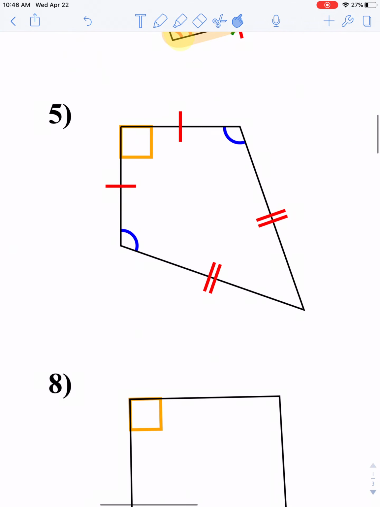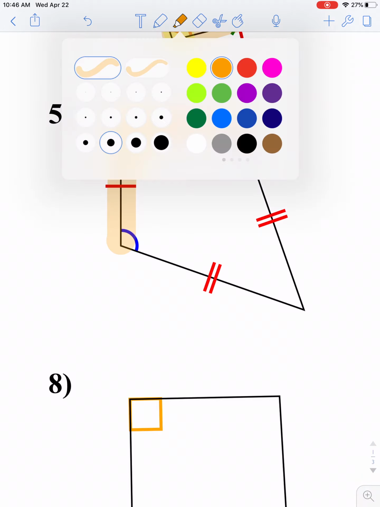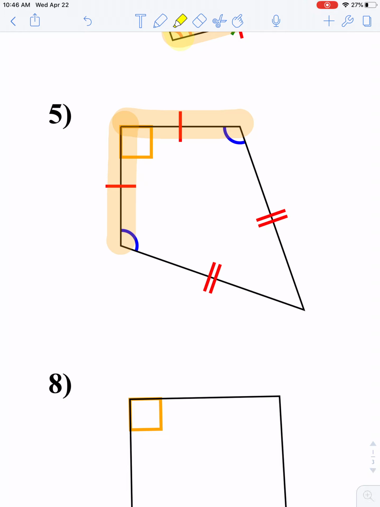Number 5 is a little bit different, okay? It has sides that are the same length and they are adjacent to each other. So that means that they touch each other. Those 2 sides are touching and adjacent. They're equal in length. There's another pair of sides that are equal in length and adjacent to each other, meaning they're touching.